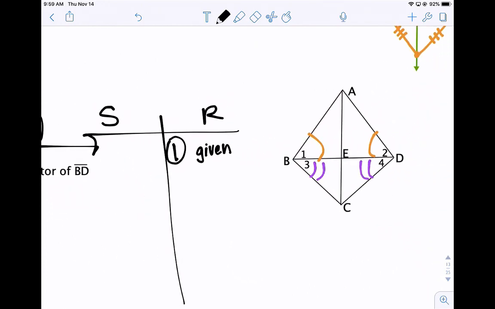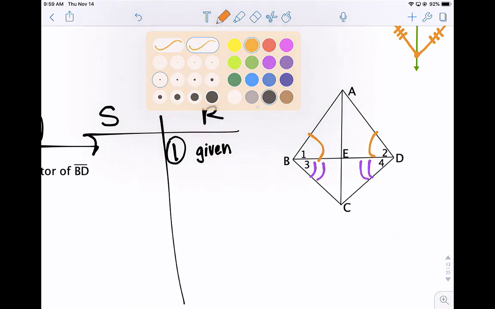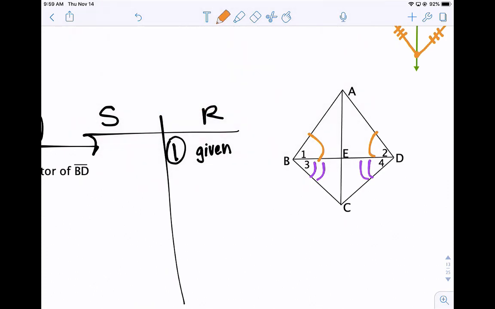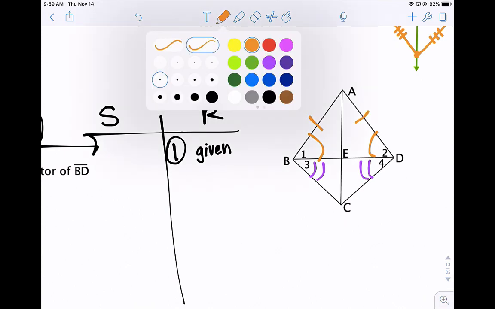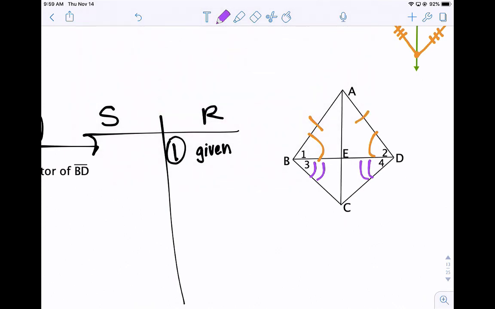Okay, we have congruent angles, and when you see congruent base angles, you should think isosceles triangles. If the two base angles 1 and 2 are the same, then it means AB is congruent to AD, and if the two purple angles, 3 and 4, are congruent, it means BC is congruent to CD. All right, so let's write those up.